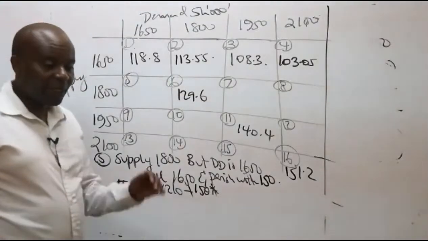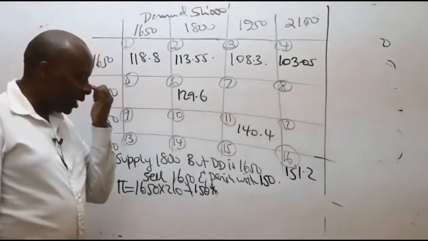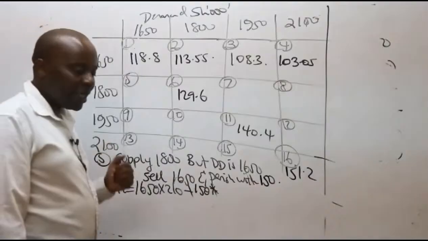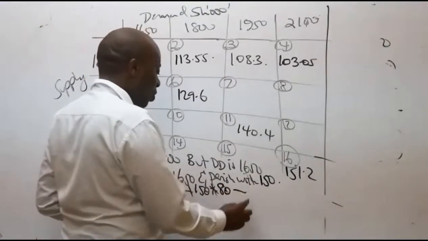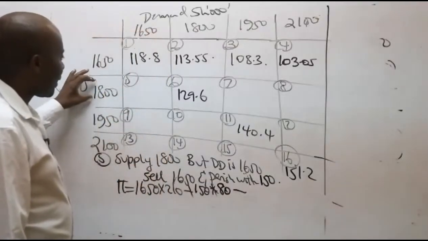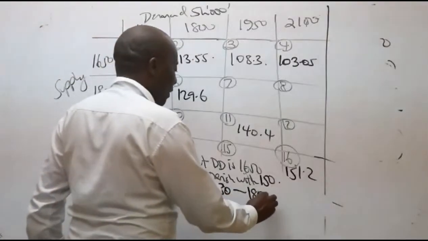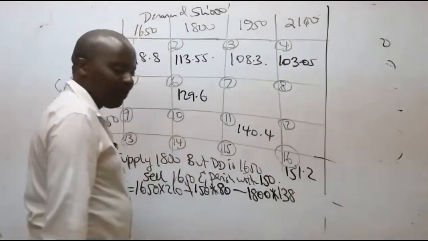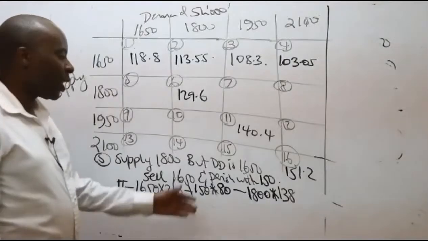Once we are not able to sell them on that particular day, we perish with them, we'll be able to fetch a lower price, 80, I'm being told, 80. So that is revenue. Minus cost, of course, I will incur cost for the entire supply, which is 1800 times 138. Could you kindly give me this answer?